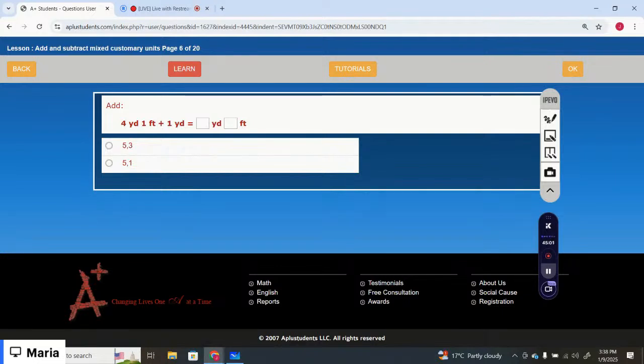Which is the correct option? That is 5 yards 1 foot. Option number 2 is the correct option.